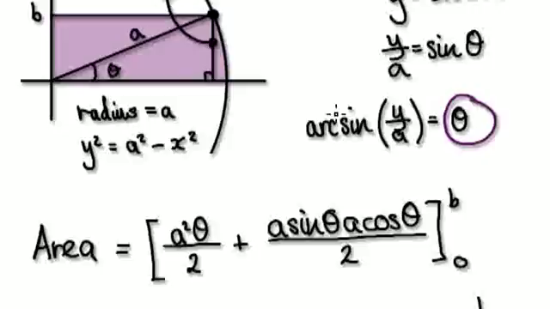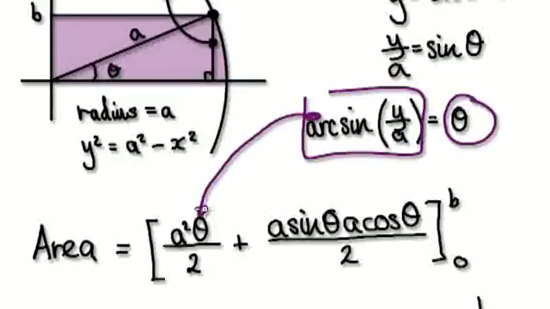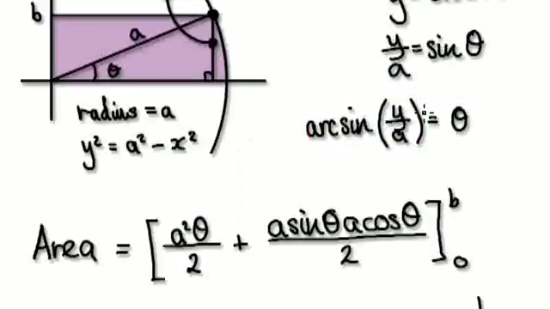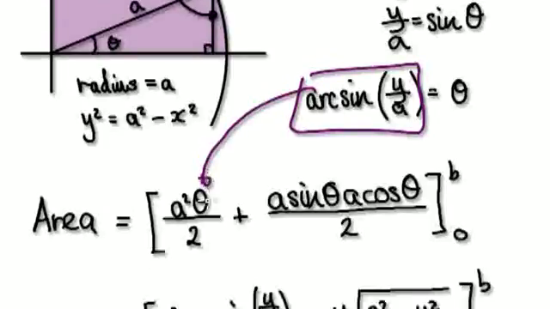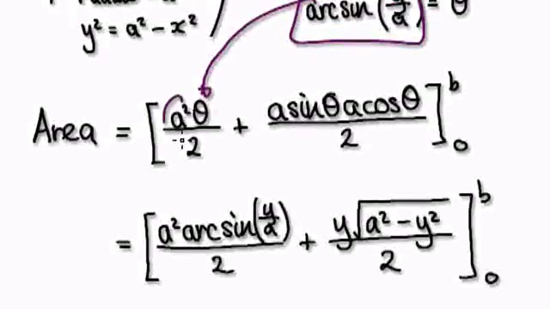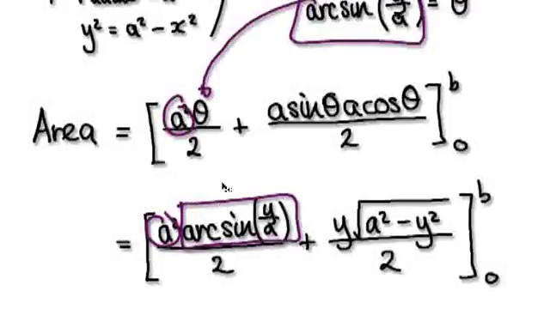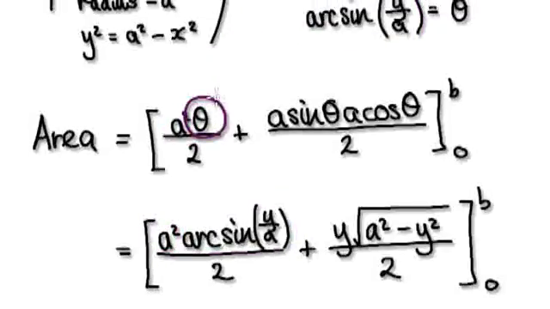Now remember, theta equals this thing here. So we can put this into the theta here. Okay, so put this into here. That will then give you this a squared, and then don't forget theta is this bit here, because we need to convert theta back.